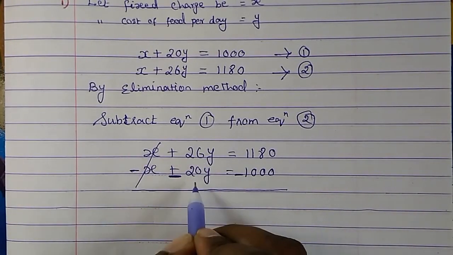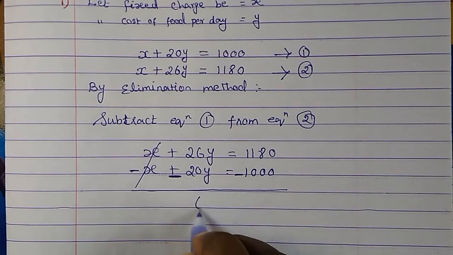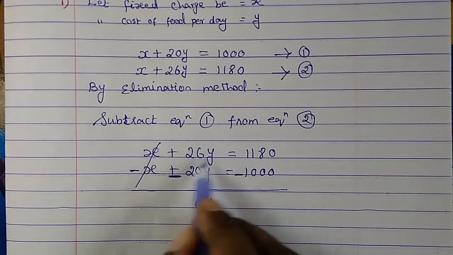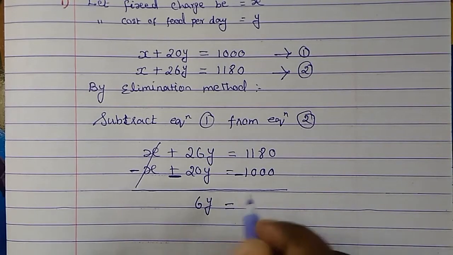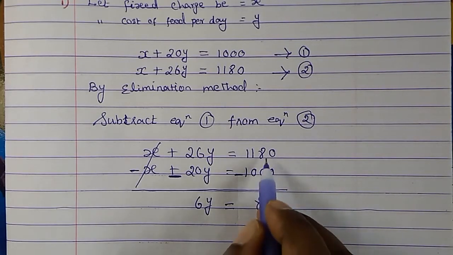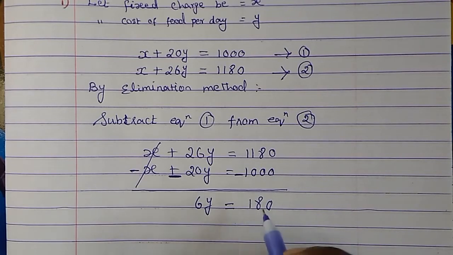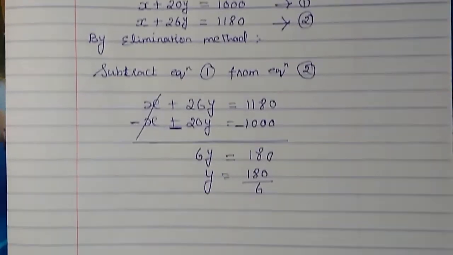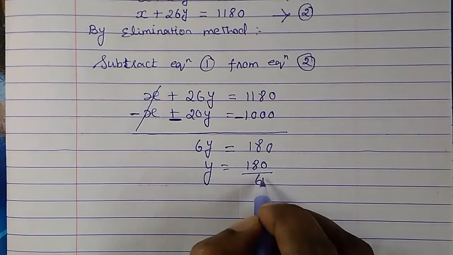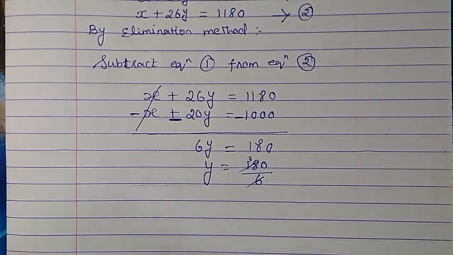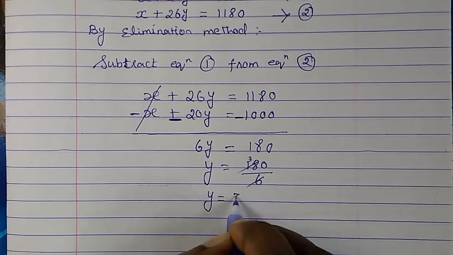From 26, if you minus 20, we will get 6y. And the bigger number is plus, so it is plus. From 1180, if you subtract 1000, we'll get 180. So now the y value will be, this is in multiplication. When it comes to this side, it becomes division. Three times when we cancel, so y equal to 30.